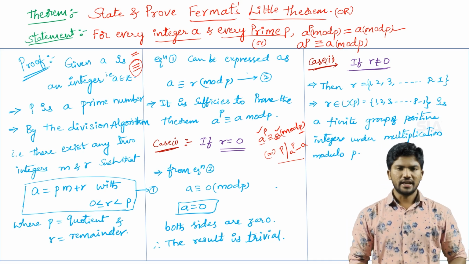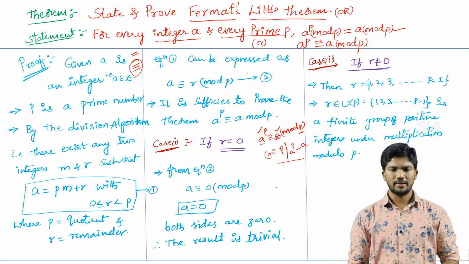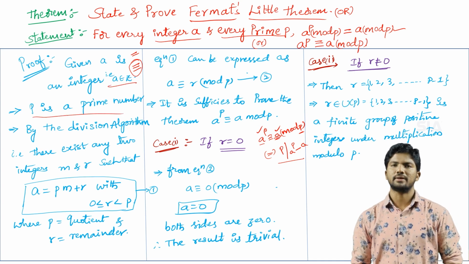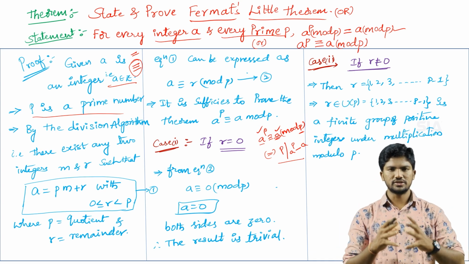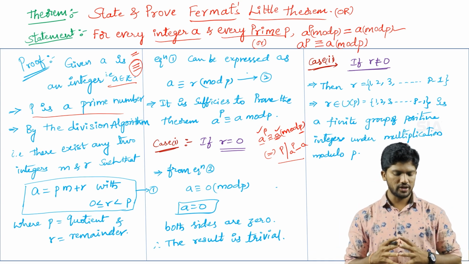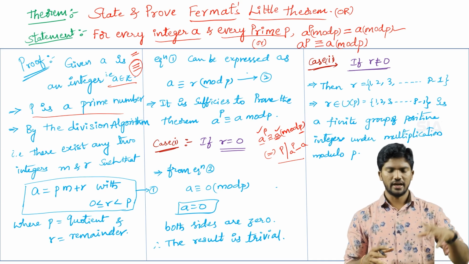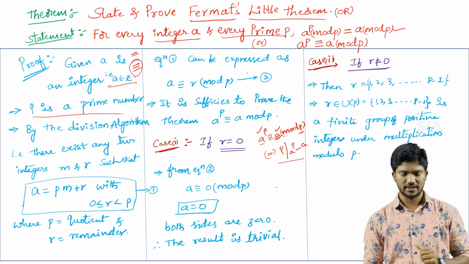So we are entering into the proof of this theorem. Given a is an integer, that is a belongs to Z, and from the statement we have p is a prime number. To prove this theorem we use an important topic in mathematics, the division algorithm, which we have already used in several theorems in the previous lectures.